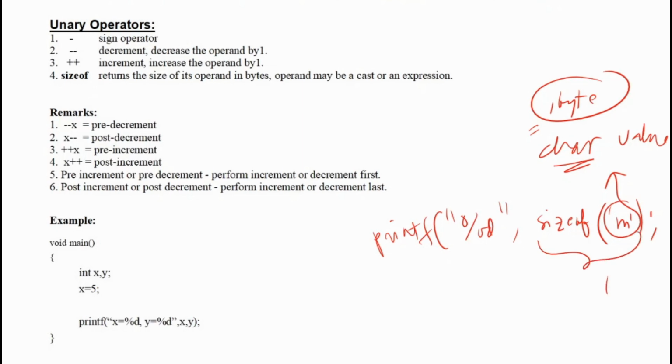Whatever the value is, as long as it is a character, say for example, this is W, it would still be 1. How about if this is double? The number of bytes allocated for data type double is, again, recall, 8, right? Because double is 8 bytes.